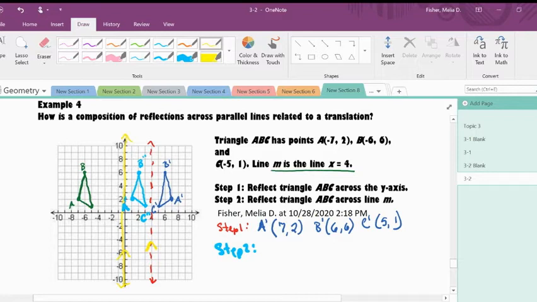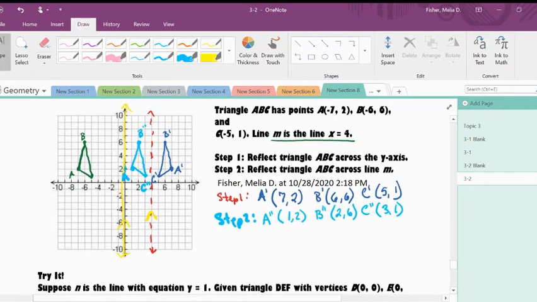So if you reflect across both, we can go ahead and write that A double prime is at 1, 2, and B double prime is at 2, 6. C double prime is at 1, 2. Okay, so we have those there.